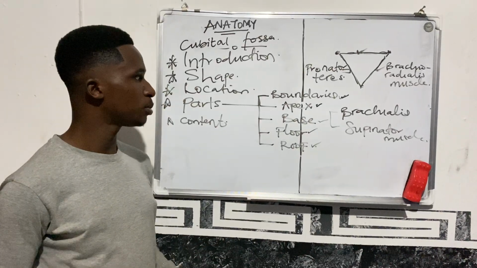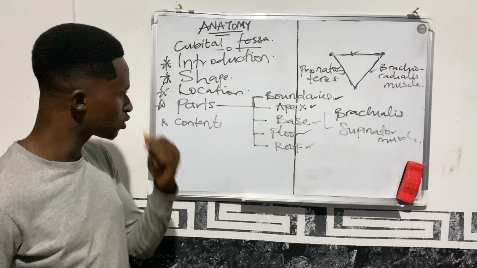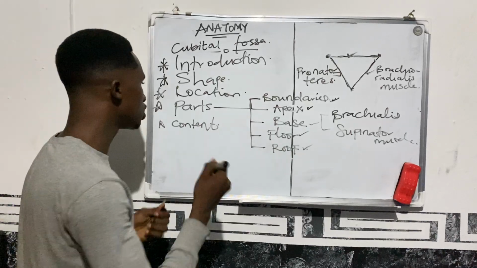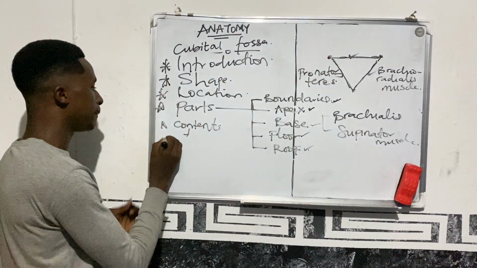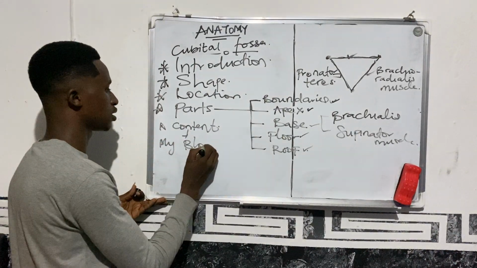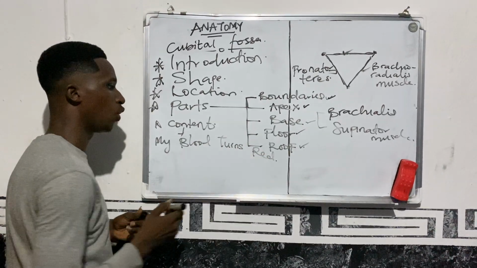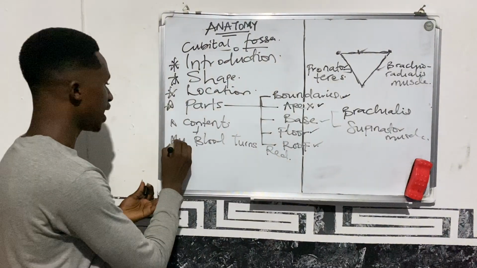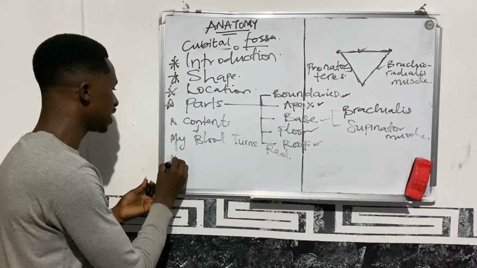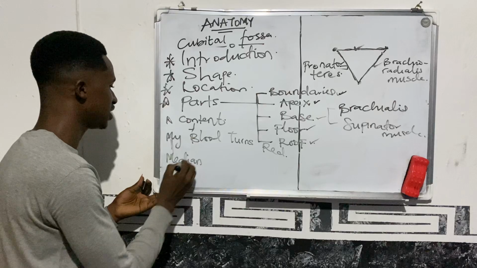The content of the cubital fossa from medial to lateral can be remembered using a mnemonic: "My blood turns red." My means the median nerve.